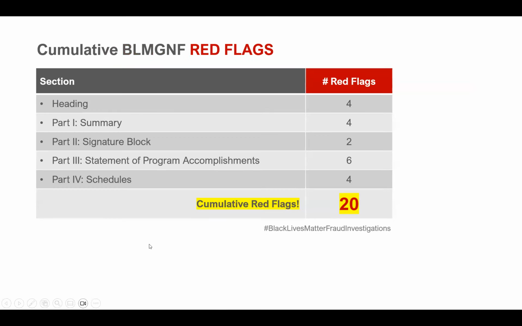So now with the cumulative red flags thus far, we have 20. For the heading, I identified 4, Part 1 summary 4, Part 2 signature block 2, Part 3 statement of program accomplishments 6, and Part 4 the schedules 4, for a total of 20 red flags, and we're just on page 3.